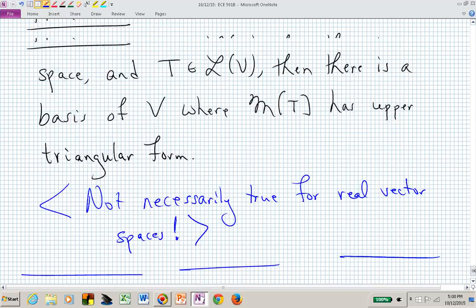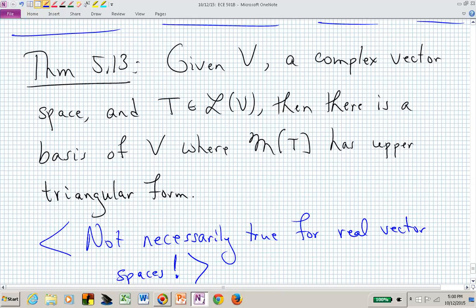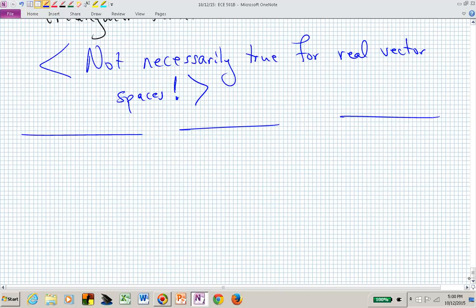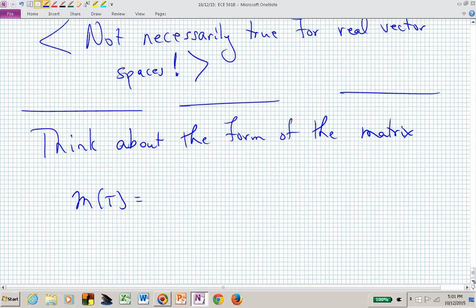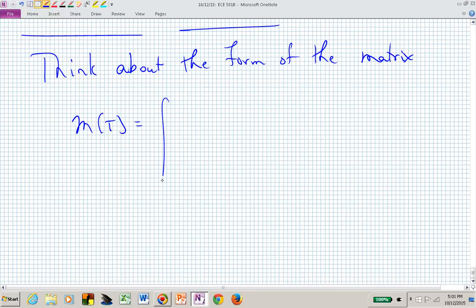So now if we do have an upper triangular matrix, what can we now think about in terms of this structure? Think about the form of the matrix. The matrix representation of this linear operator T is now lambda 1, lambda 2, lambda sub n. It's upper triangular, so we have zeros down here, and we're not worried so much about what's up there.